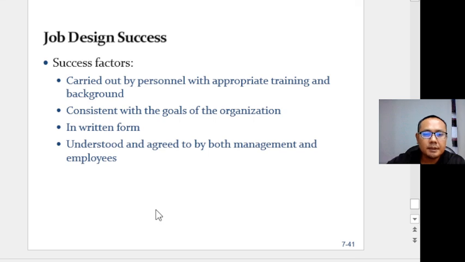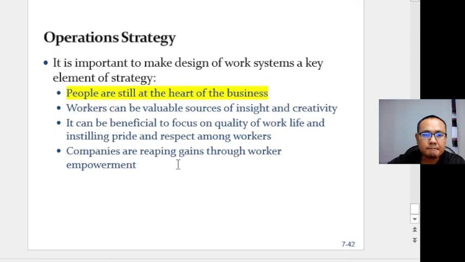It should be consistent with the goal of the organization, in written form, understood and agreed to by both management and employees. So it is important to make the design of the work system a key element of strategy.